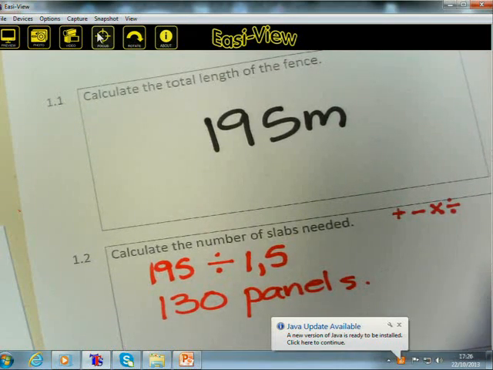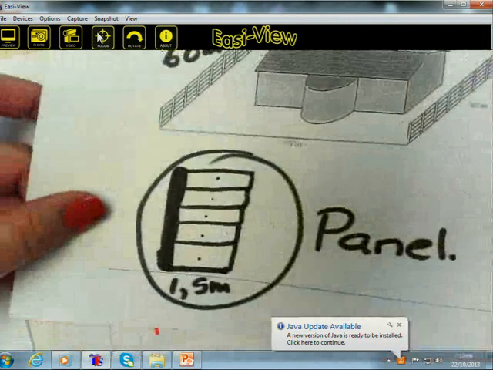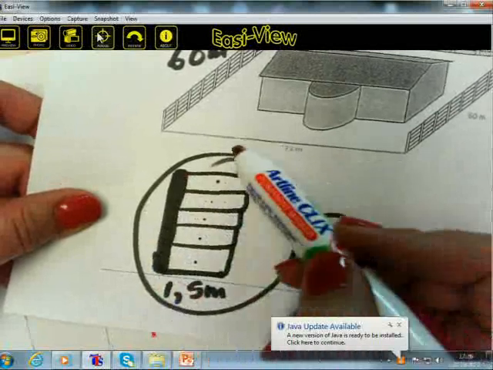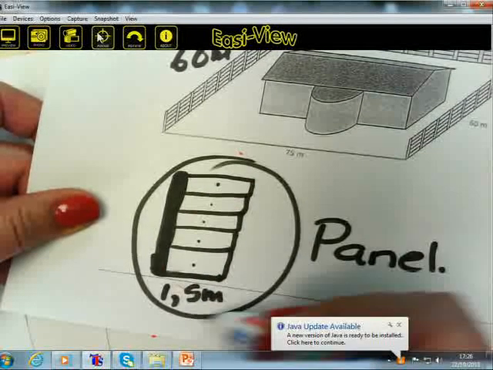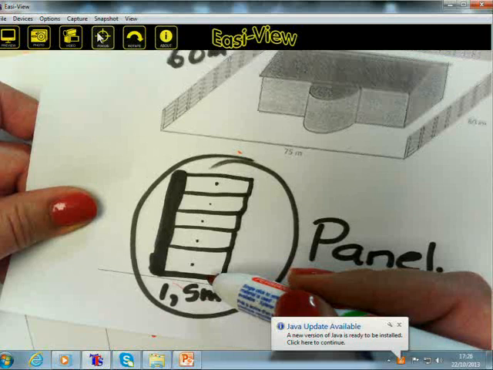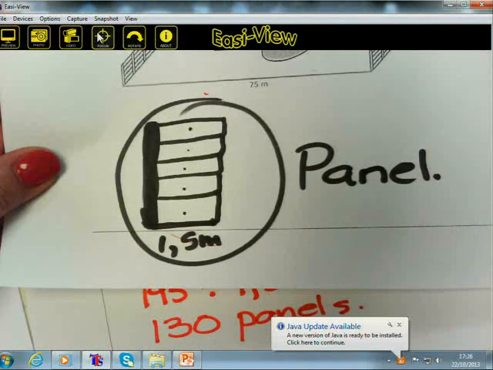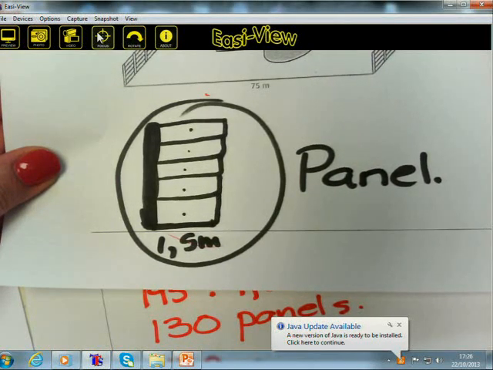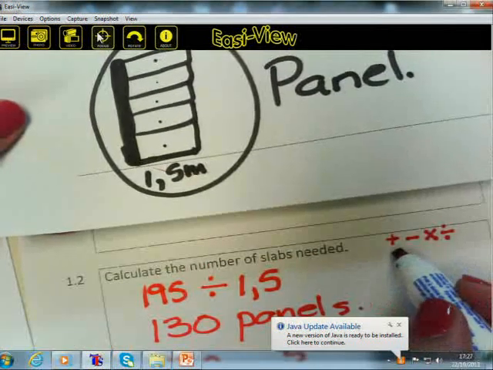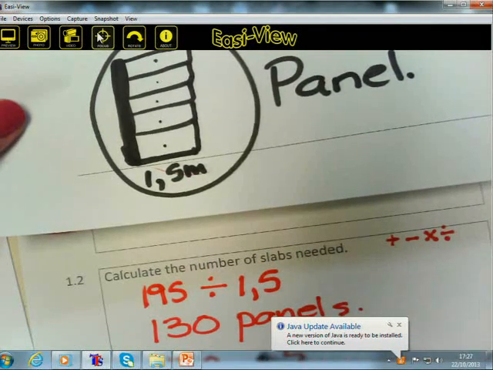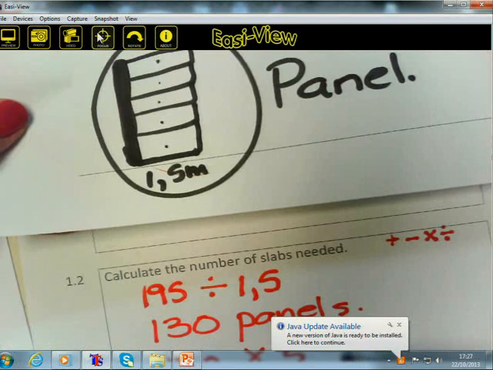But now, how many slabs will you need? If you look at the panel, the whole panel looks like this. One panel has 5 slabs. So 130 panels will have 130, not plus 5, not minus 5, but multiply 5.